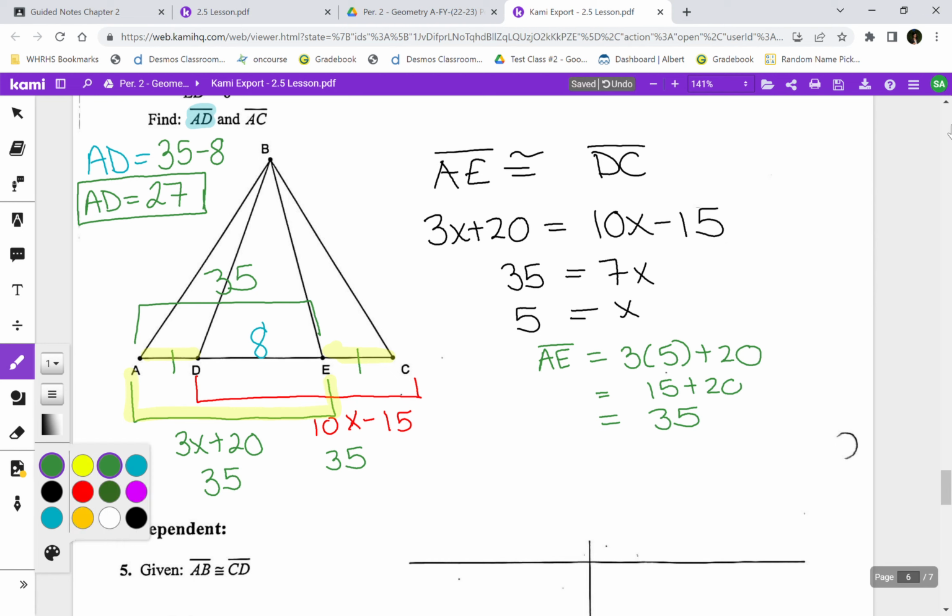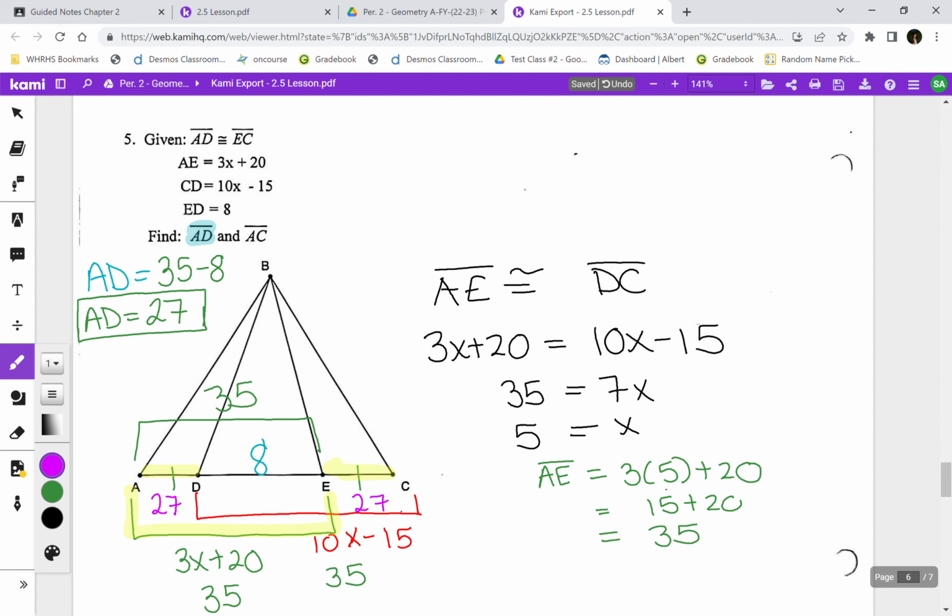So if AD is 27 units long, which other segment has to be 27 units long? Milo? EC. So then when they ask us to find AC, can someone tell me, in order to find AC, what would I be adding?